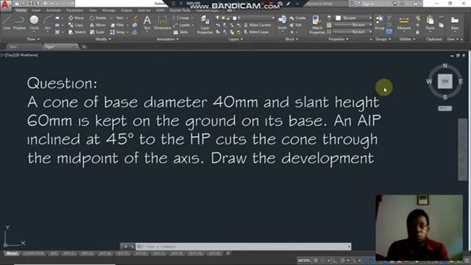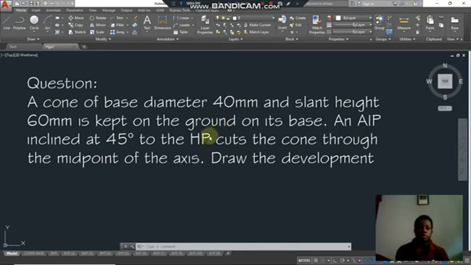So please do well to study the various geometric solids: your cone, your pyramid, your prism, your cylinder, and all of the other geometric solids.